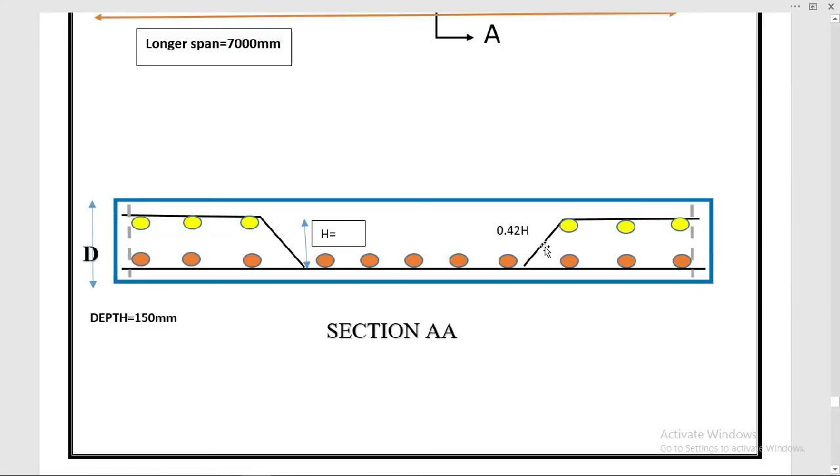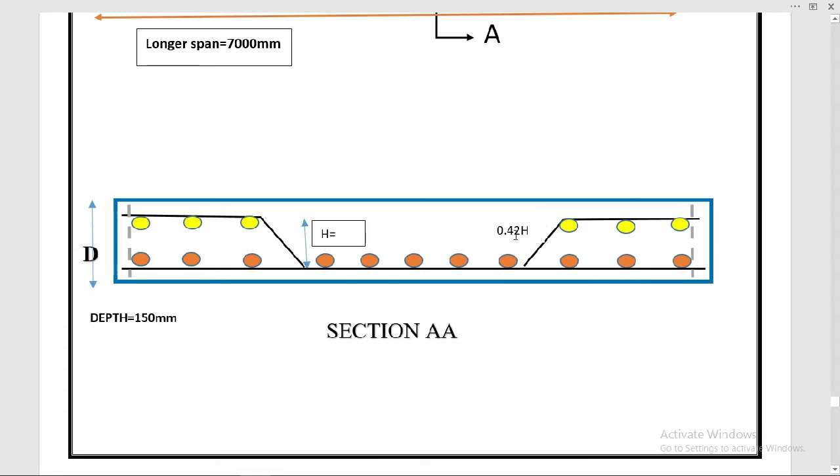I want to tell you that the length of this 45-degree bend can be calculated by this formula: 0.42 h. H is the height from this main bar to this main bar, from center to center distance, called h.